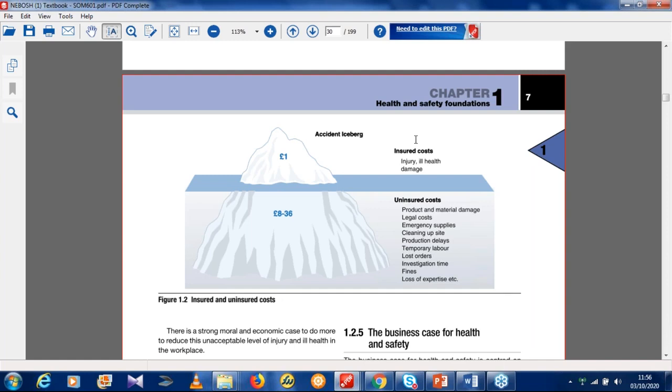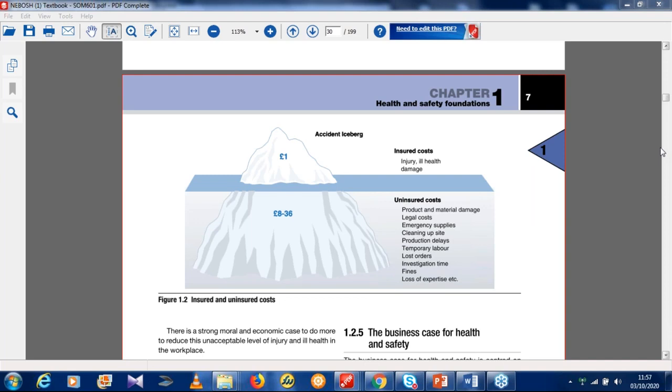So when there's an accident, you have to bear most of the cost because third-party insurance is not easily accessible in the system that we have in Nigeria. But if it's a comprehensive insurance, then your insurance company can take care of the costs involved in such accidents or for the repair of such vehicles. That is an example of insured cost. That's a very good example of insured cost.